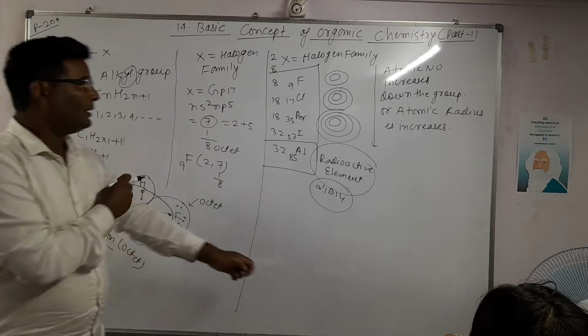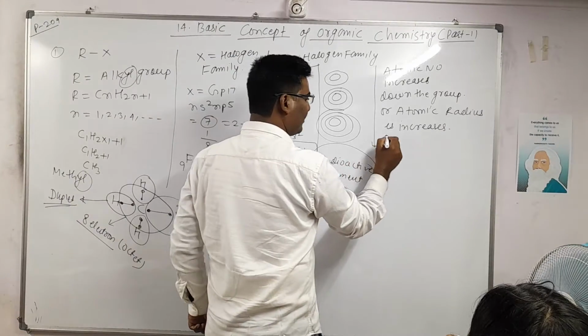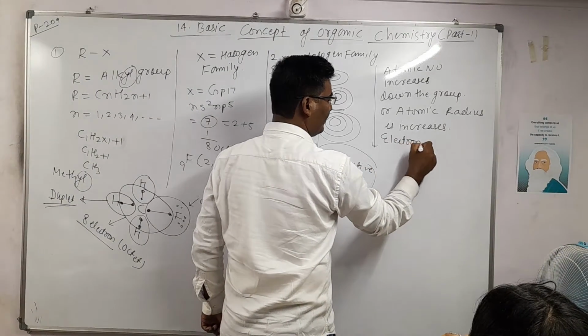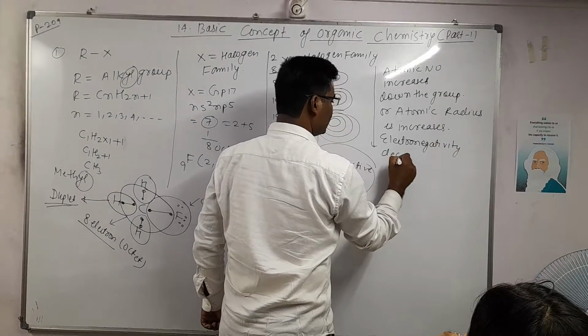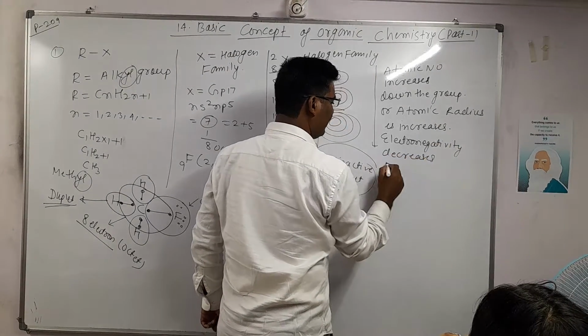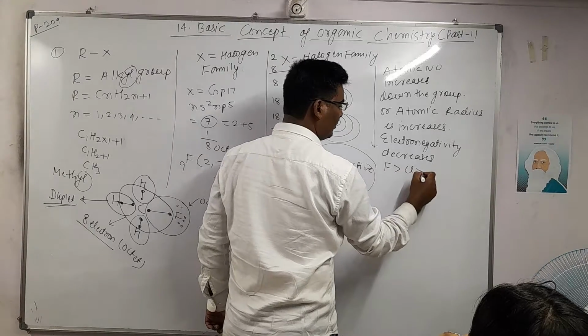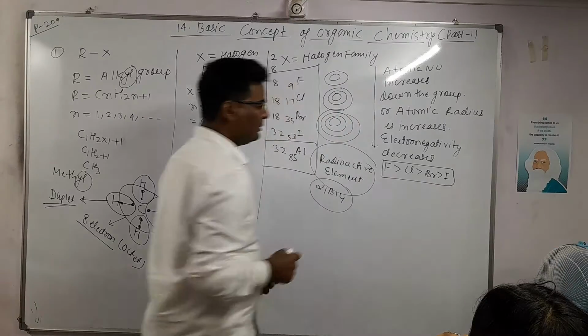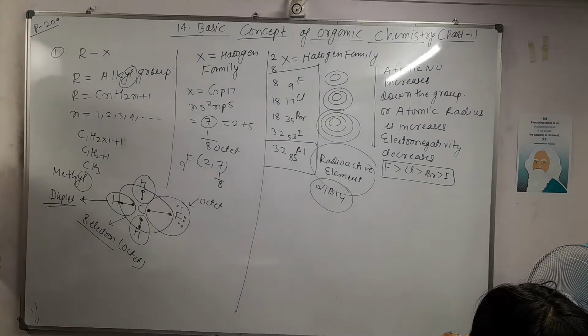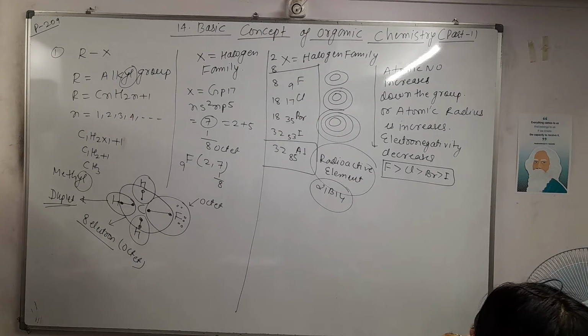Next point is electronegativity decreases. It means fluorine is more electronegative as compared to chlorine, bromine and iodine. This will be the order for electronegativity. So write up to this point, then we will move ahead.